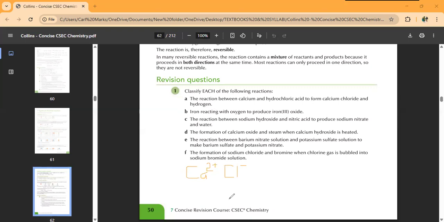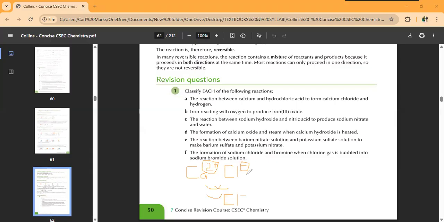So this is what I normally do with my students. We represent the charges as hooks. For calcium, you have 2 positive hooks. And for the chloride ion, we have 1 negative hook that bonds with one of the positive hooks. Now note, this hook is without a partner. So we definitely have to add another chloride ion to balance it out. In a formula, the positive charges and the negative charges have to cancel each other out.